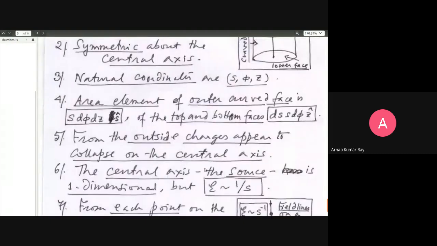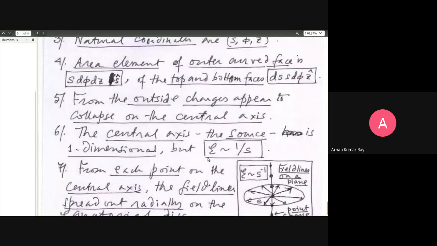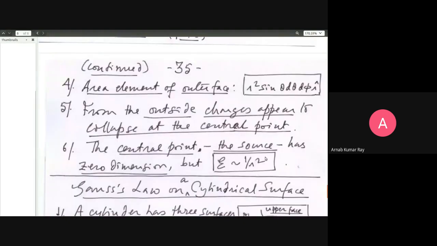If the source is one-dimensional, the electric field will fall off as 1 upon distance raised to the power 1, s raised to 1. So the dimension plus the power of the length will always remain a constant: 0 here and 2 here, 0 plus 2 is 2.